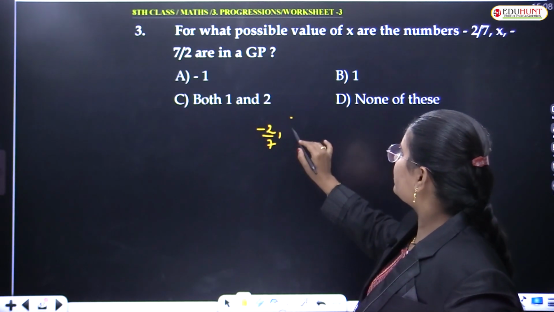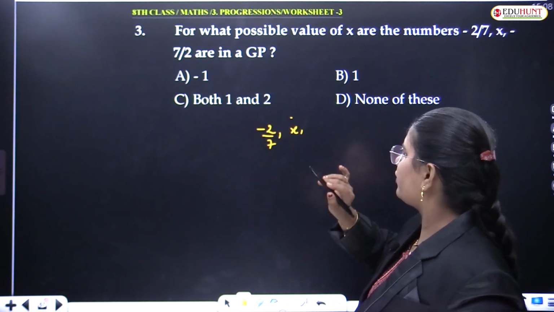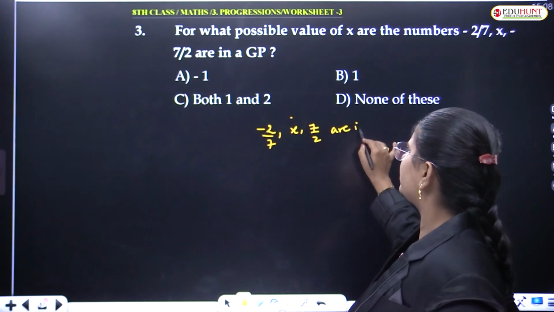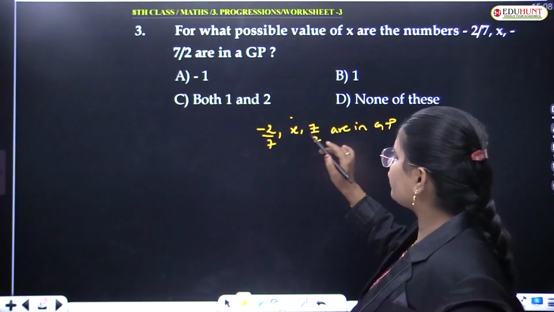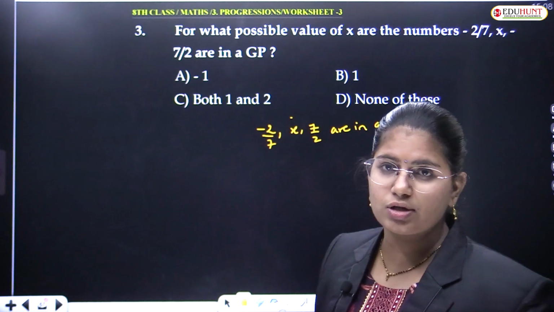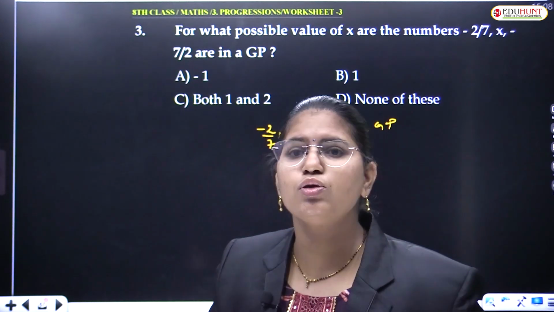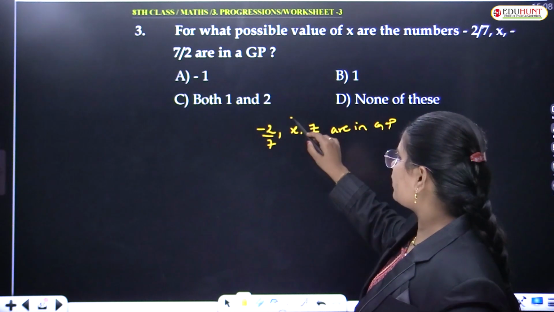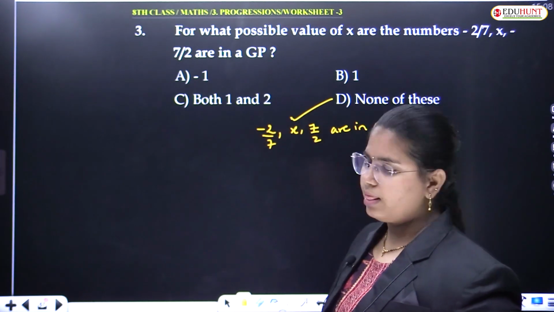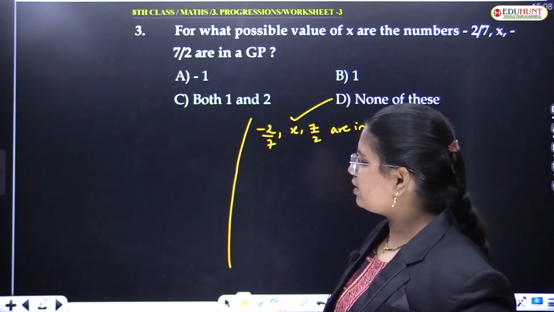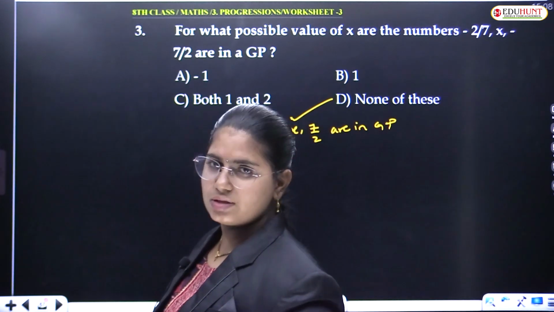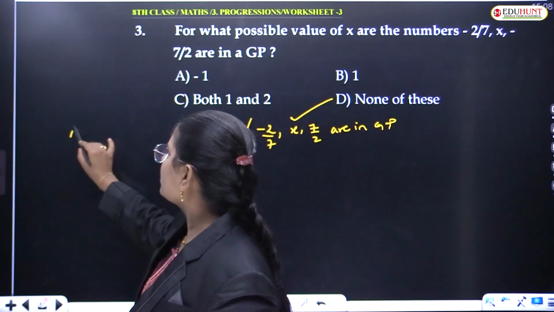Minus 2 by 7, and in the middle you have x, and the last term is minus 7 by 2, are in GP. They did not say you need to check whether those are in GP or not. They gave you that those terms are in GP. In that case you need to find the value of x over here. Before starting this problem, I just want to give a note point about GP.